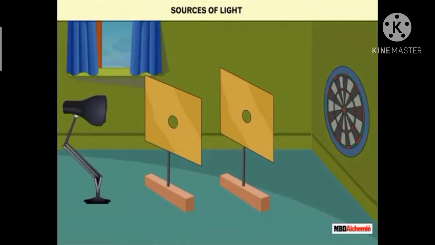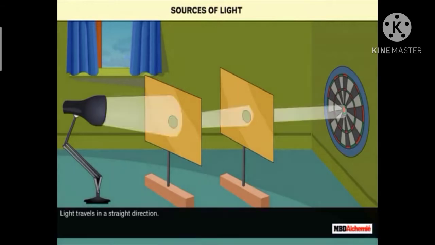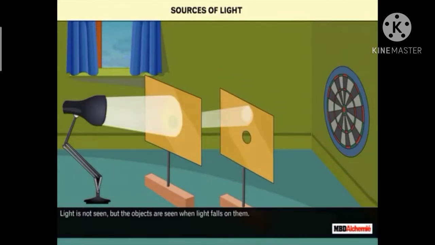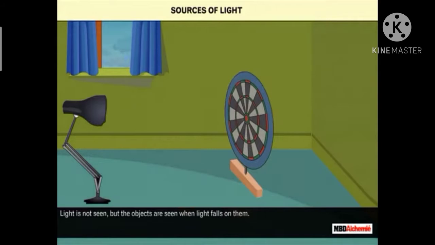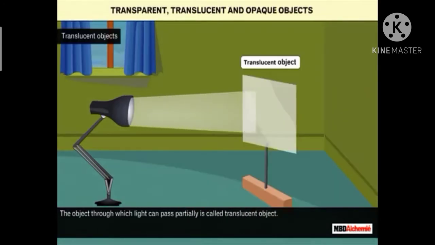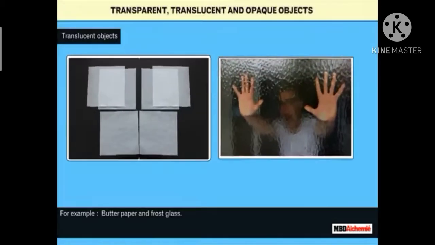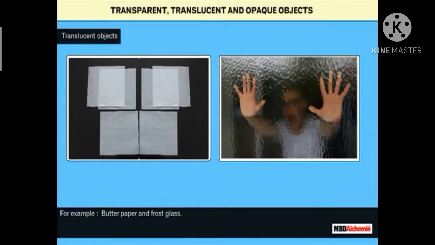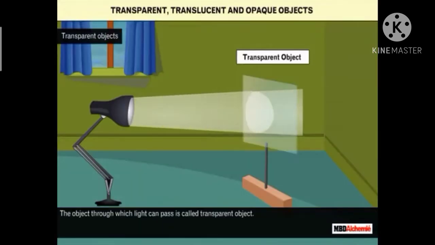Let us learn some properties of light. Light travels in a straight direction. Light is not seen, but objects are seen when light falls on them. An object through which light can pass partially is called a translucent object, for example butter paper and frosted glass. An object through which light can pass is called a transparent object.